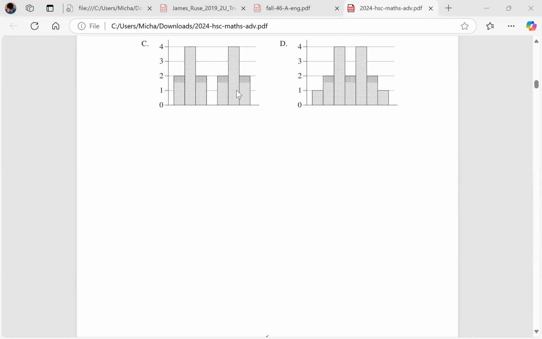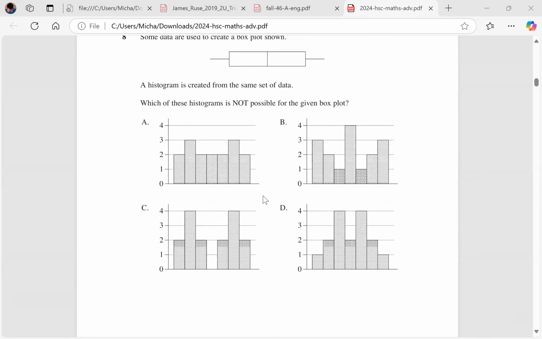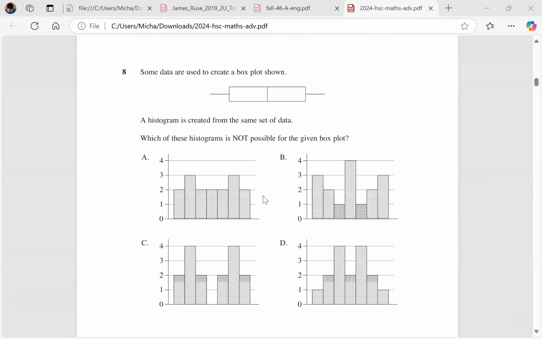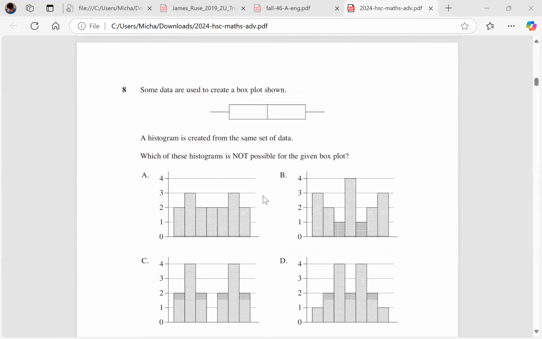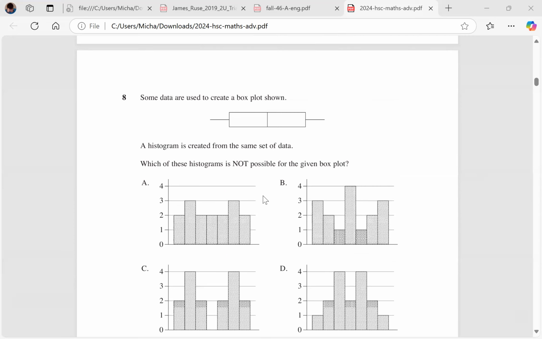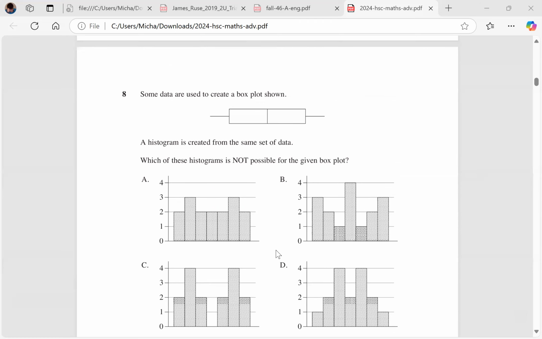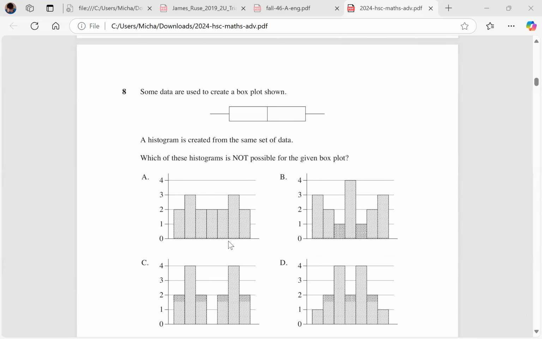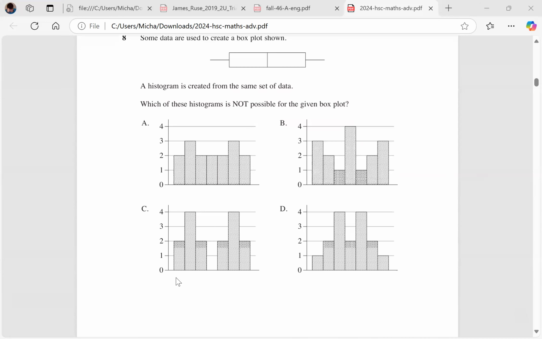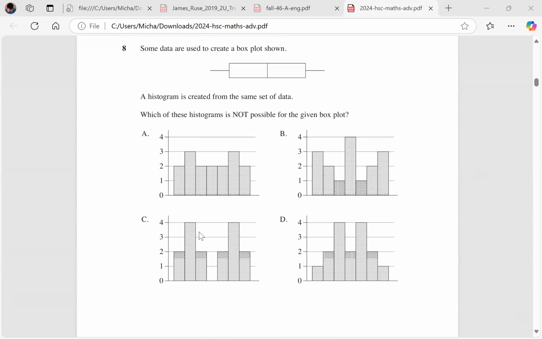So yeah, it's the minimum, the maximum and the 3 quartiles. Which of these histograms is not possible? Oh, so it doesn't matter what the data is. It's saying how many of each there are.